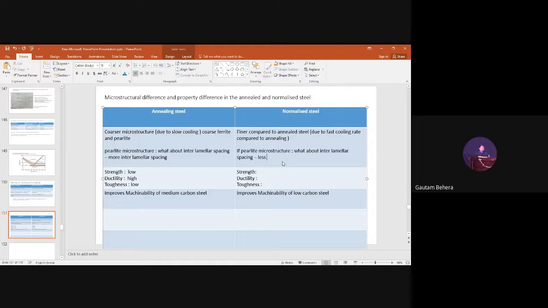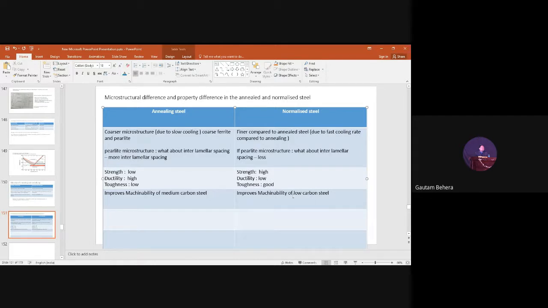Less. Very good. So what happens to the strength? High, in comparison to annealing. Ductility? Low. Toughness? High. Good, you can write.